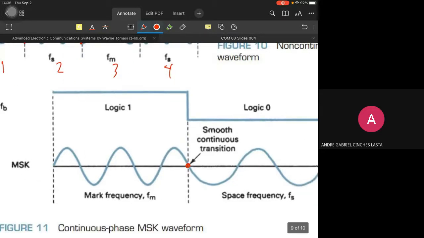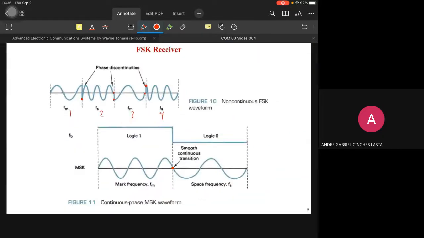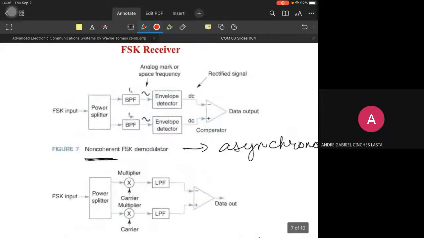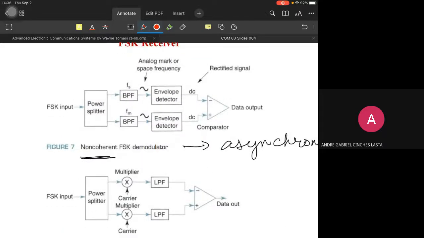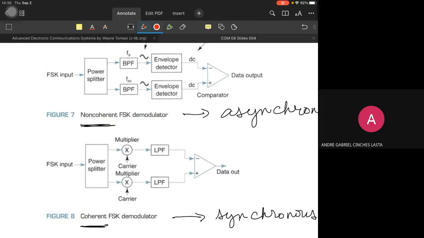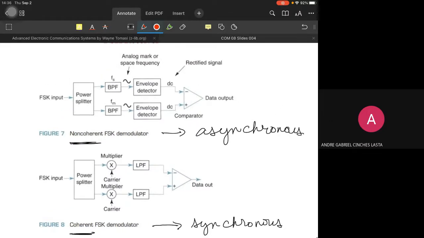Si 1, dili pa siya sugod. Si 2. Okay. So, ang non-continuous FSK will be demodulated by a non-coherent demodulator, whereas a continuous FSK signal will be demodulated by a coherent FSK.